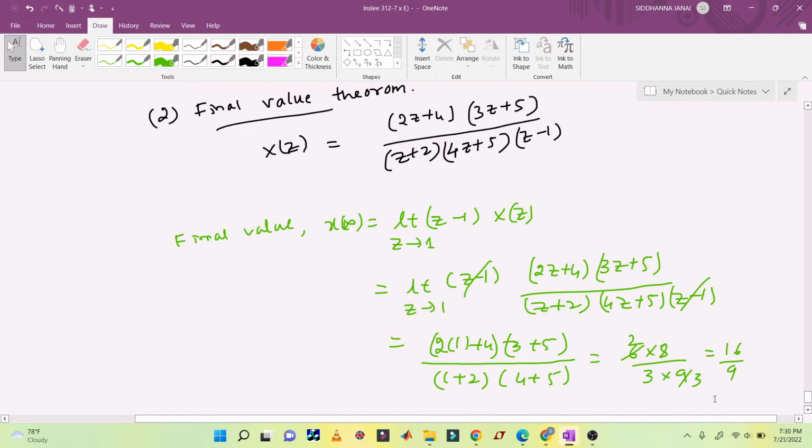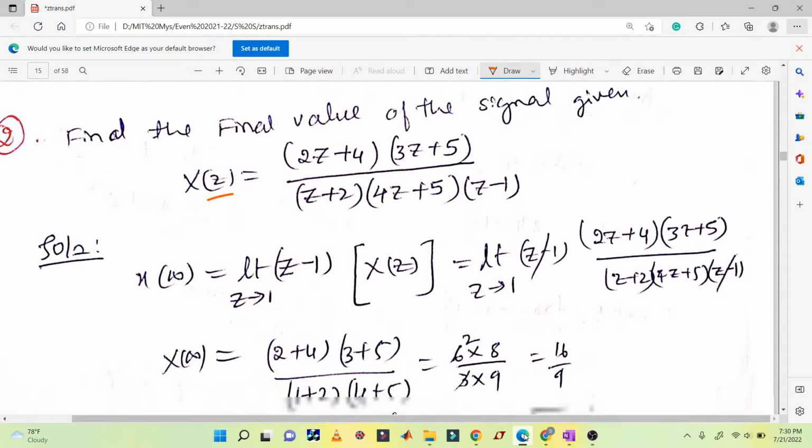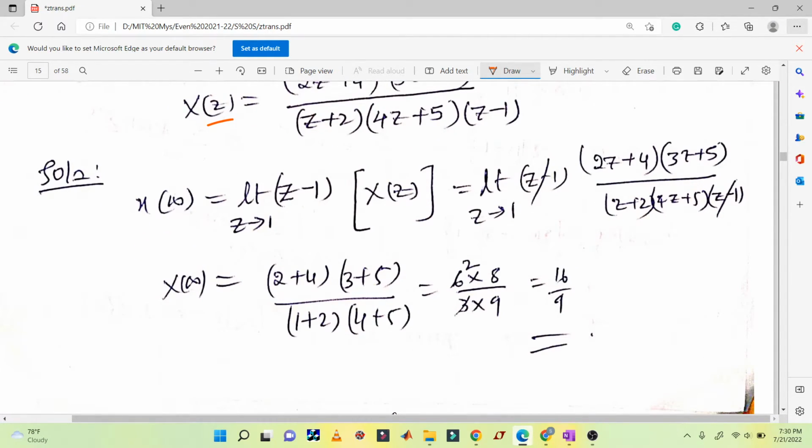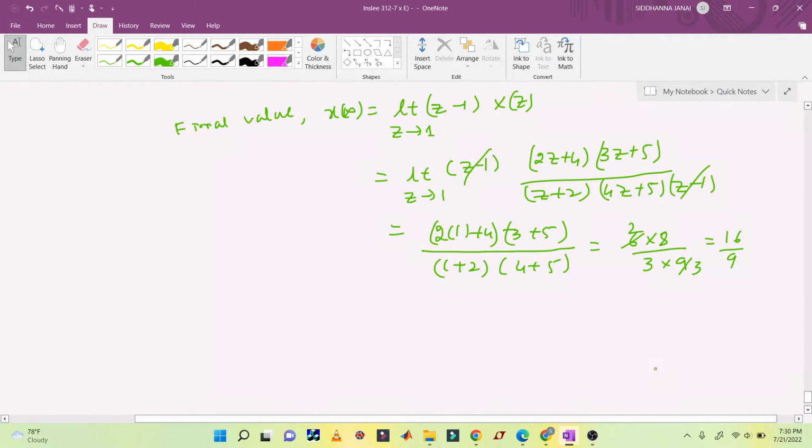Is that correct? Yes. That is your final value of the given signal x of n.